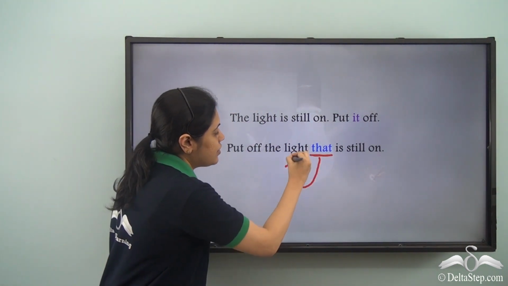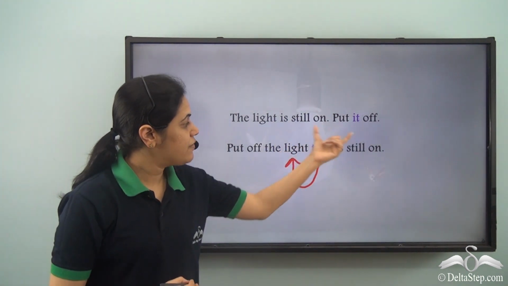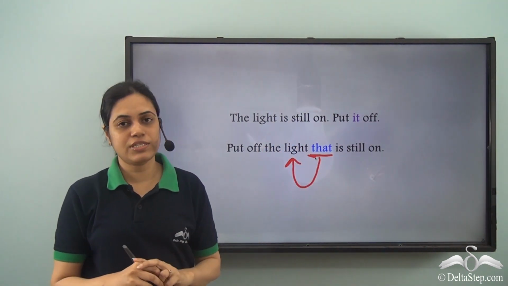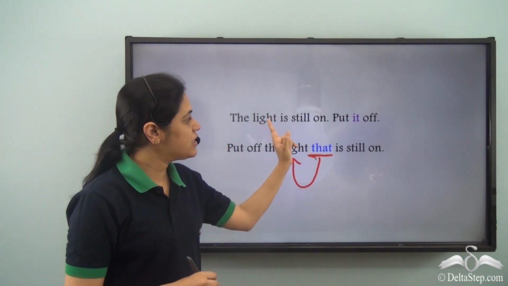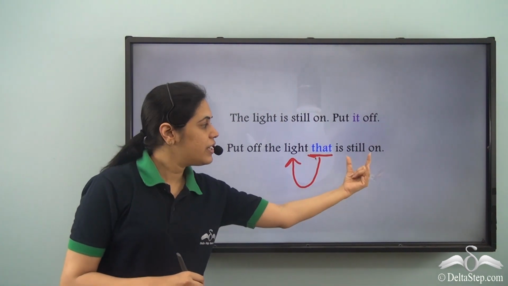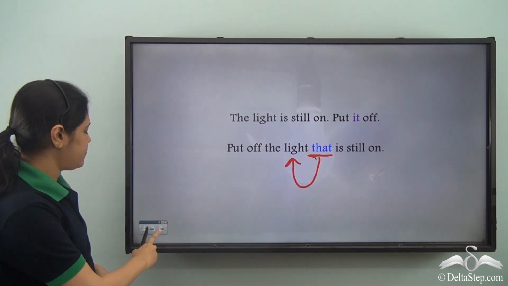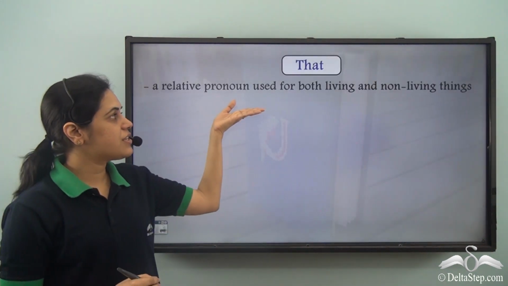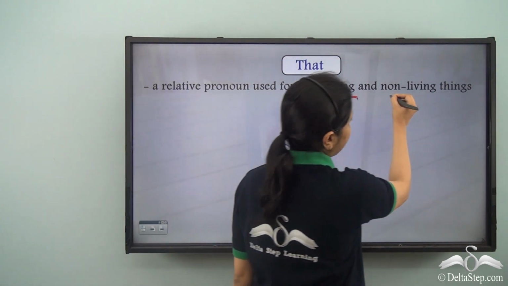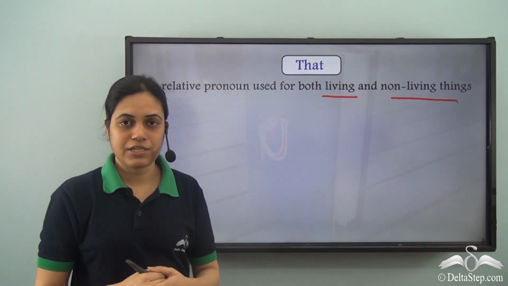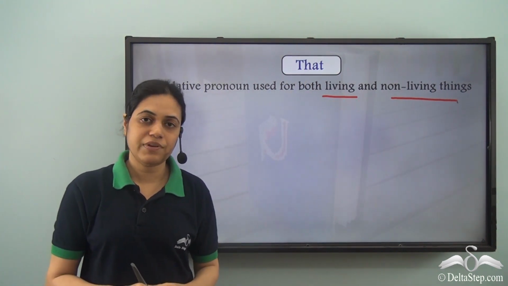That refers to the noun light. Once again, we have reversed the order of the sentences. So put off the light is coming first, and the light is still on is coming after that. So that is a relative pronoun. It is used for both living and non-living things.